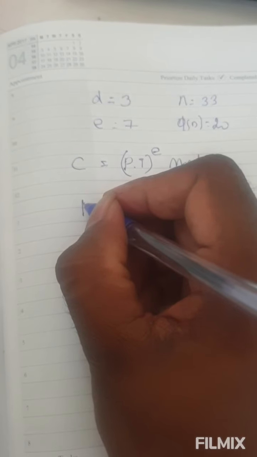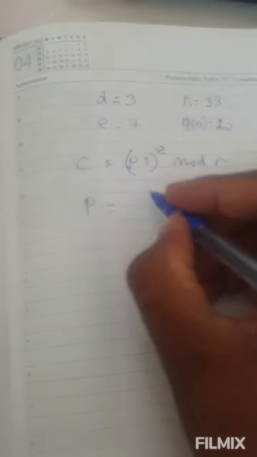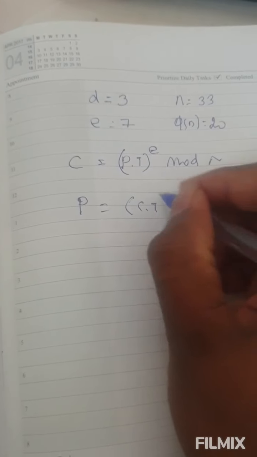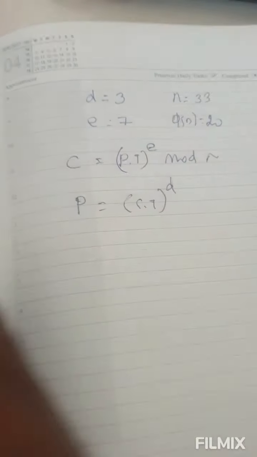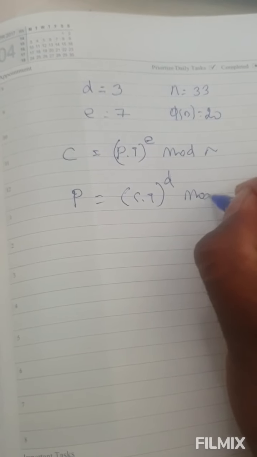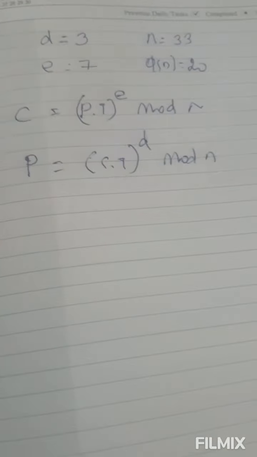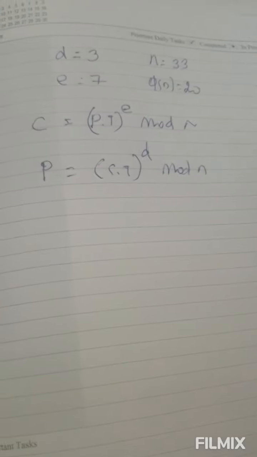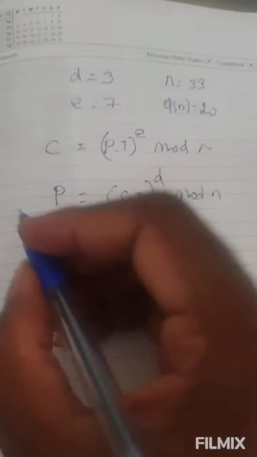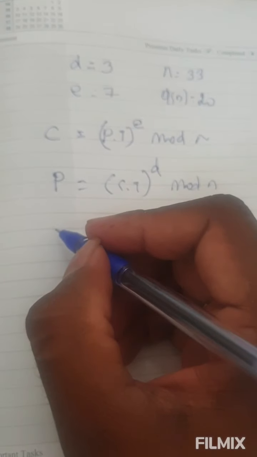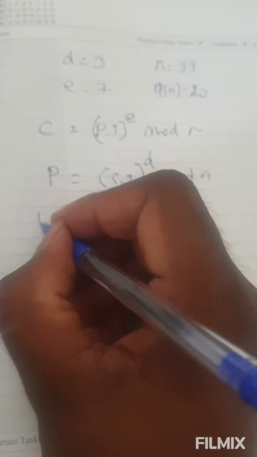What is the decryption formula? If you do the decryption, then you get the plain text. So plain text is equal to your ciphertext to the power D mod n. Here in this problem they gave us the plain text value.